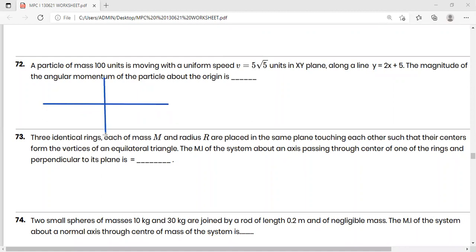What is the line equation given? y equal to 2x plus 5. So I will write a general equation to calculate the perpendicular distance.